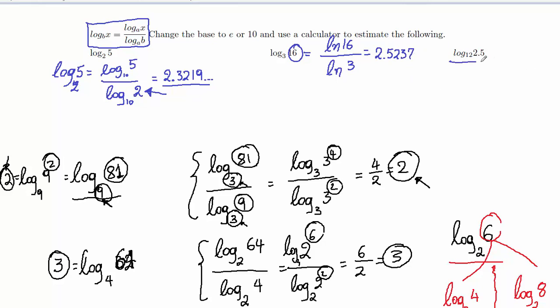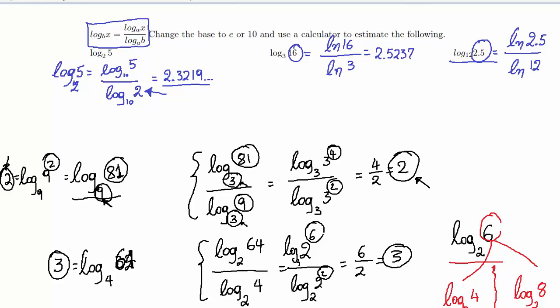Assume now that you want to calculate this number. Well, what is the old base? 12. What is the new base? You choose. Let me do it with ln. ln of the old base, that is 12. And the numerator will be the new base, ln, of the number that you want to calculate the logarithm of.